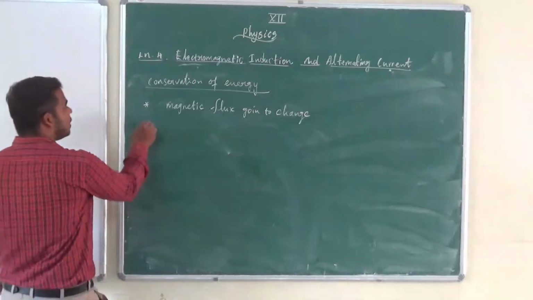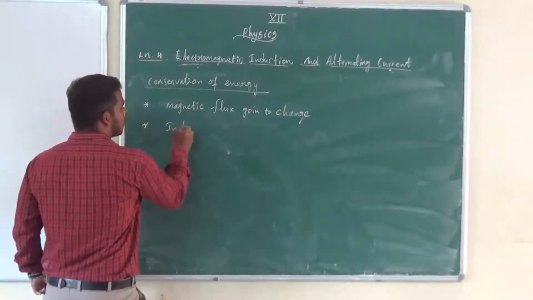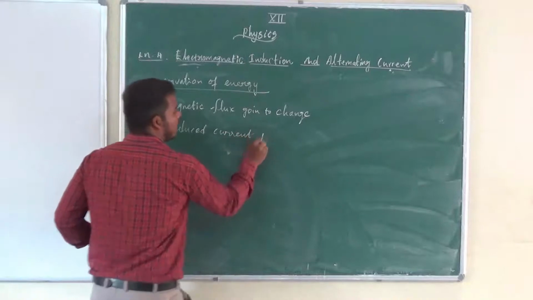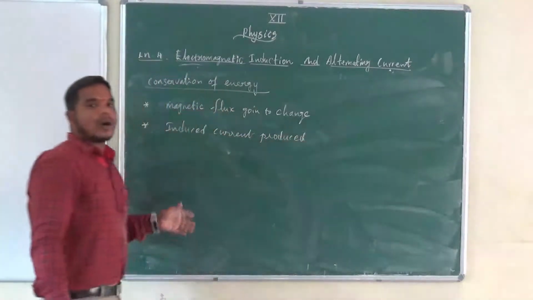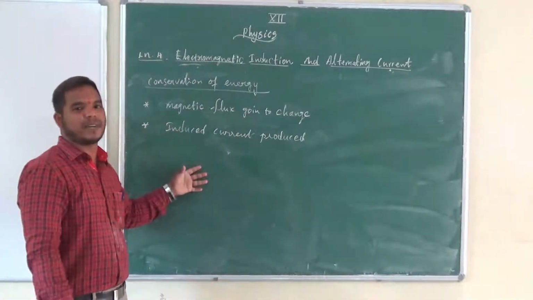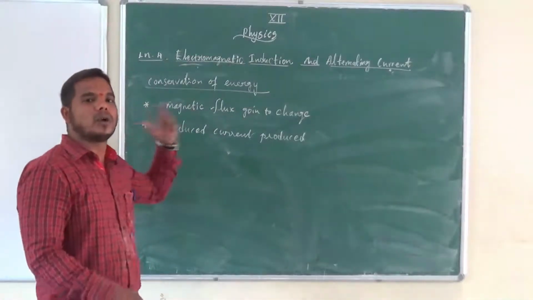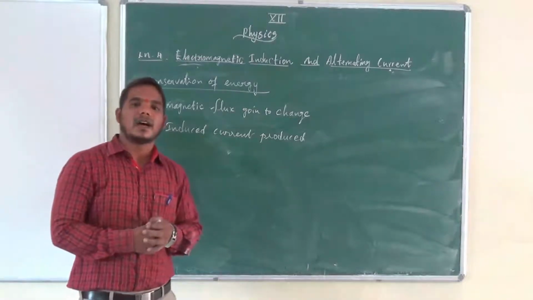Due to the change in the magnetic flux, induced current is produced. So according to conservation, one type of energy is converted into another type. This is conservation, one form to another form. So Lenz's law is the conservation of energy.